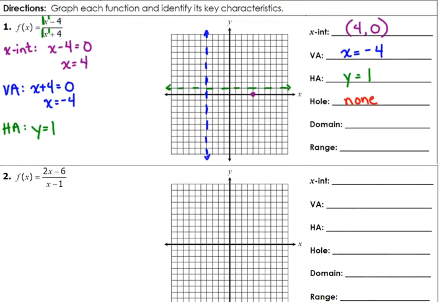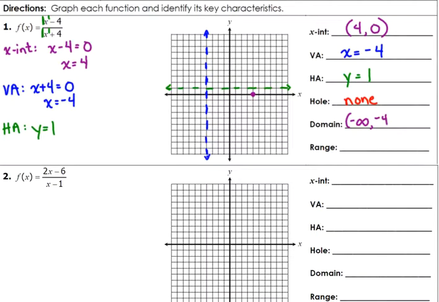Now, let's talk about the domain of this function. We had to exclude the x value of negative 4. That caused our function to be undefined. So our domain is everything but negative 4. So we go from negative infinity.